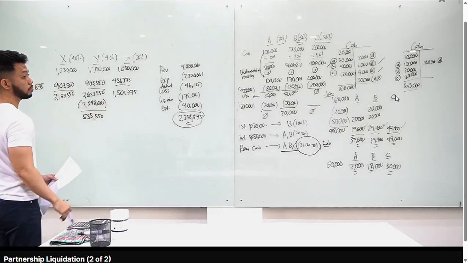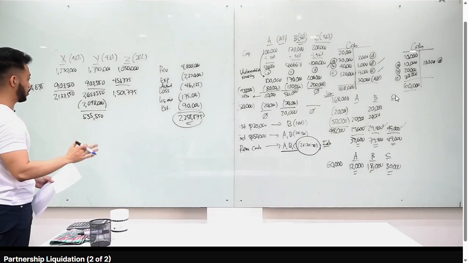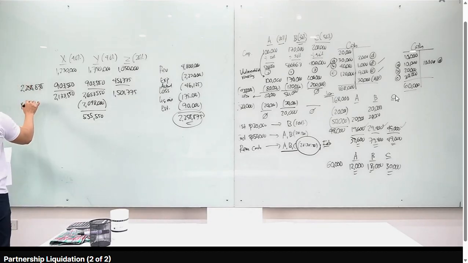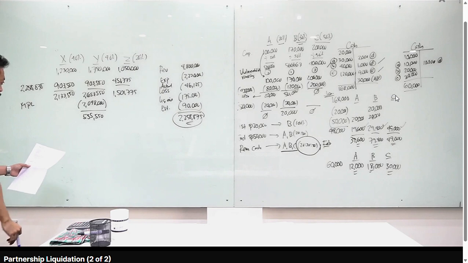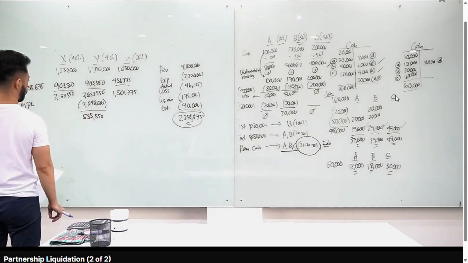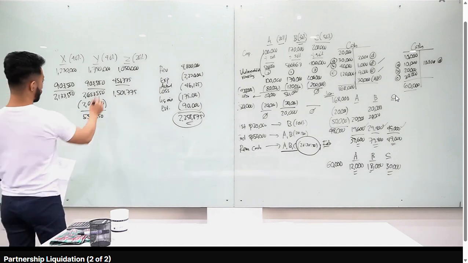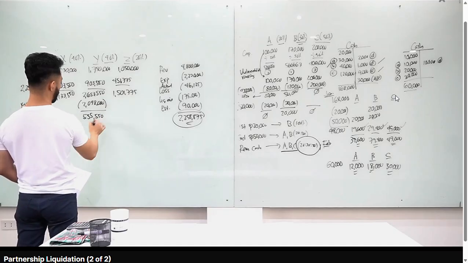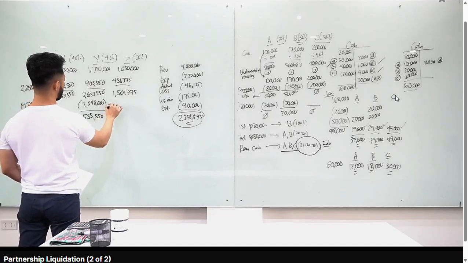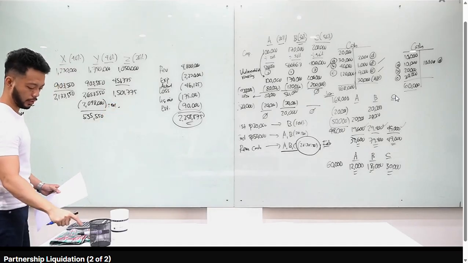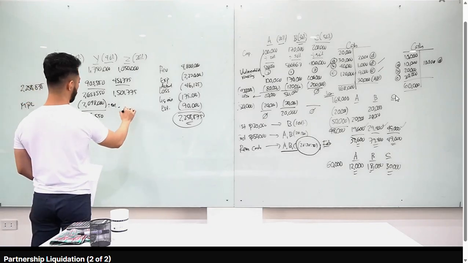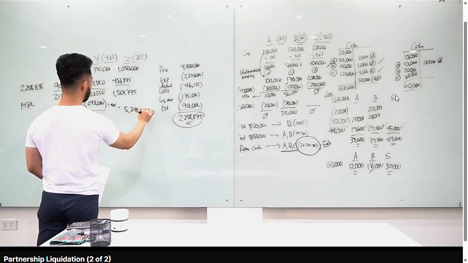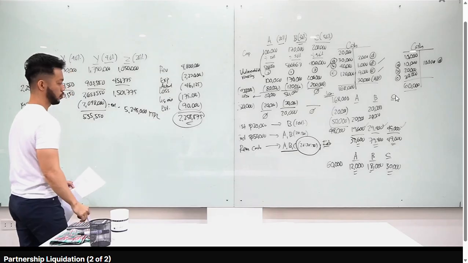Yan yung loss. Okay? Yan yung maximum possible loss na allocated to partner Y, right? Which represents 40% of the total loss. So, pag dinivide mo yan sa 40%, yung maximum possible loss natin is 5,245,000. Okay? Yung MPL mo, or maximum possible loss, is 5,245,000.